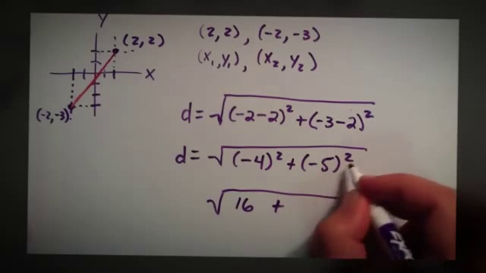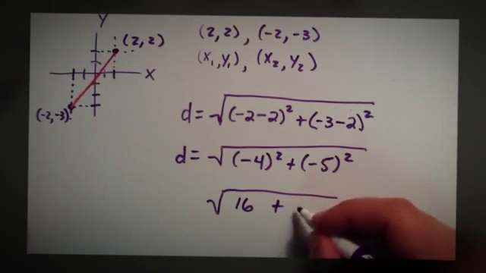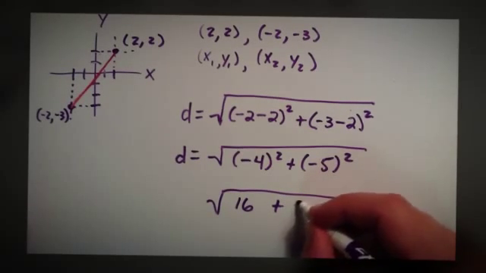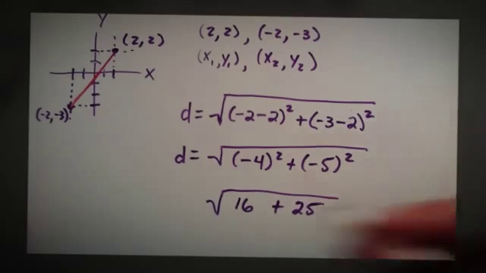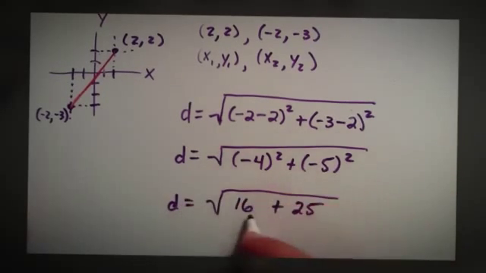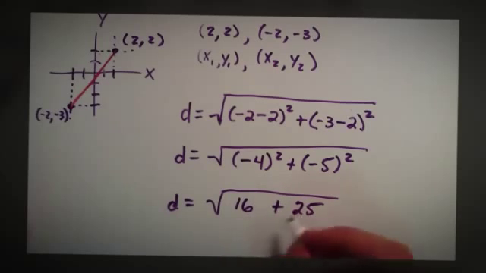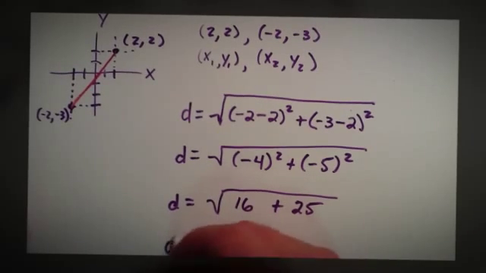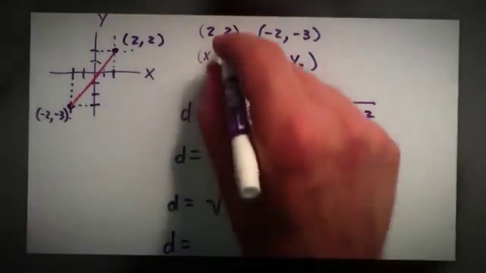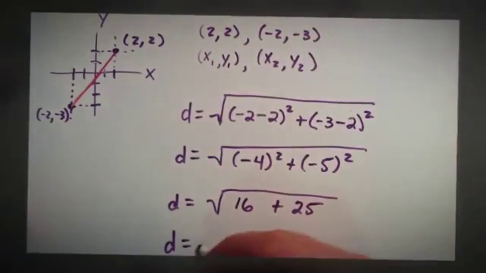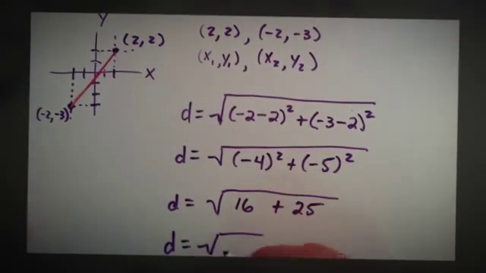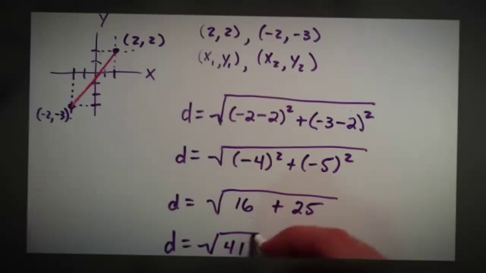And -5 squared is the same thing as -5 times -5, or 25. And 16 plus 25 is 41. So the distance between the point 2, 2 and -2, -3 is simply the square root of 41.